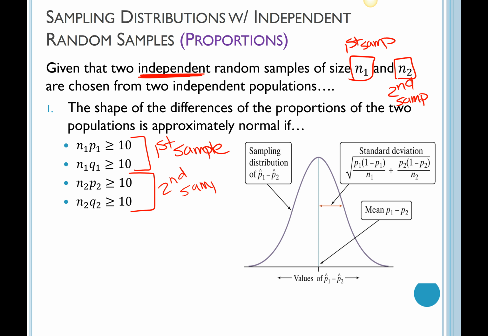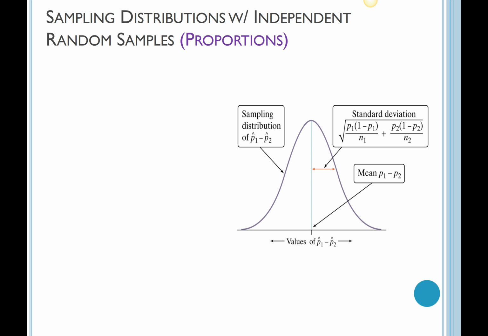All right, you're going to continue to make that same statement where the sampling distribution of p hat is going to be approximately normal if you have those 10 successes and 10 failures. But this is how we're going to need to notate our sampling distribution. It's no longer of just simply p hat. It's of p hat 1 minus p hat 2, because we're going to be talking about the differences between them.